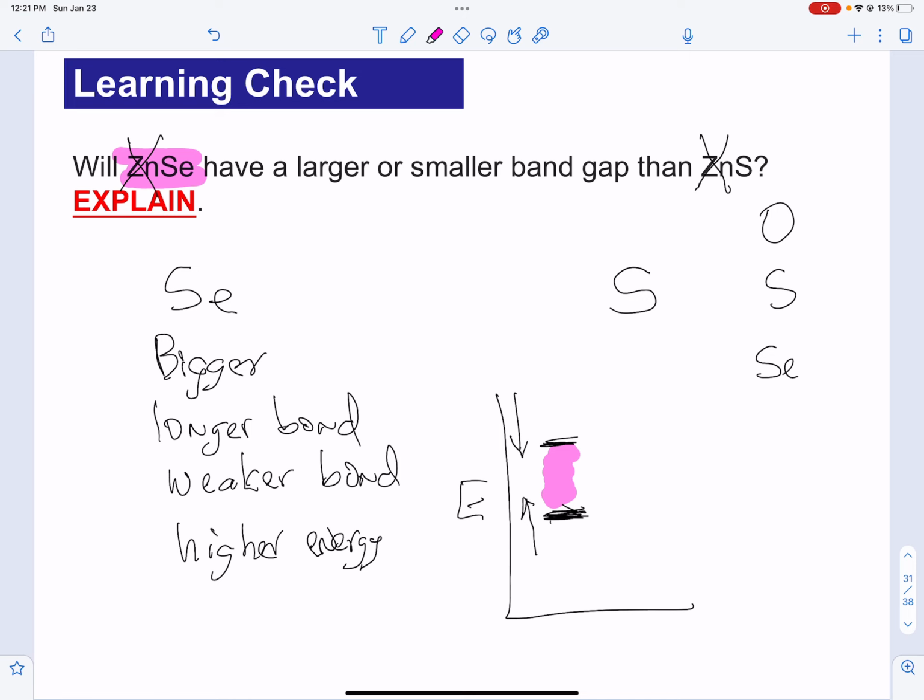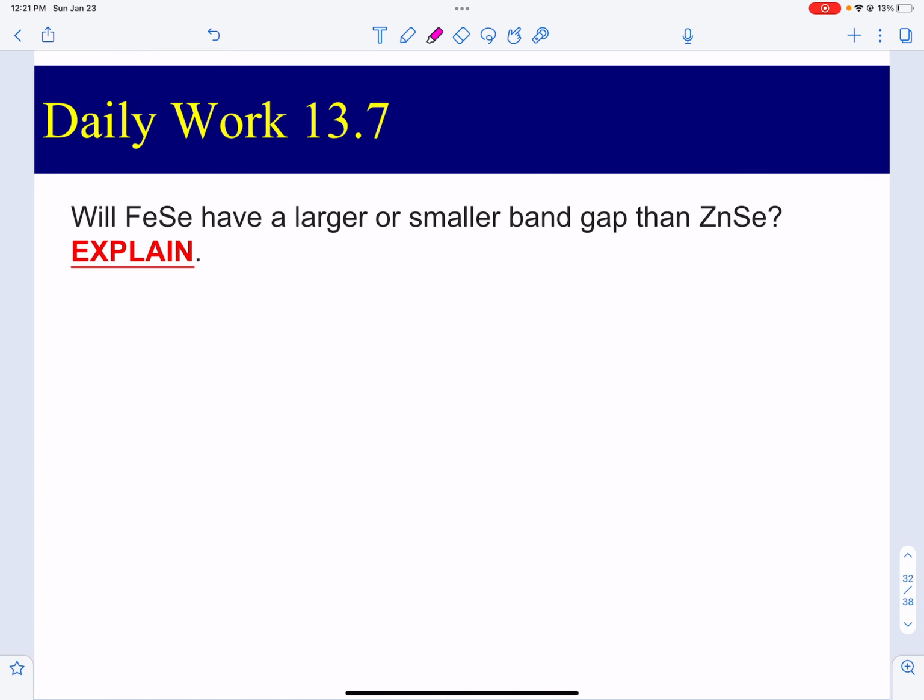Selenium is bigger than sulfur, which gives you a longer bond, which is a weaker bond, which means it's higher in energy, which means the band gap edges are closer together. So zinc selenide has the smaller band gap. Your turn.